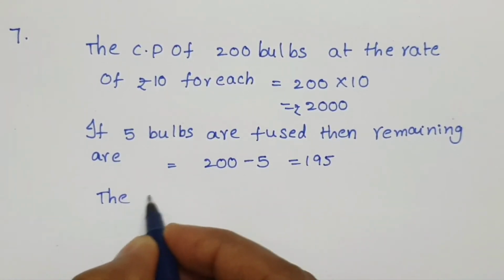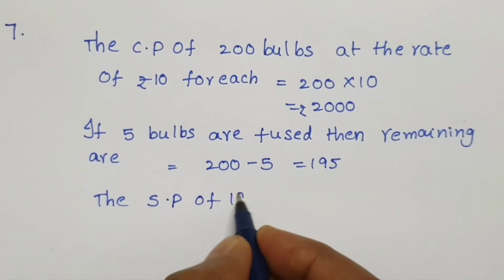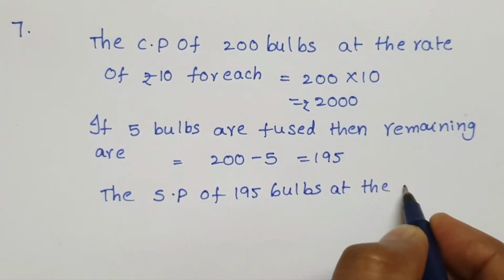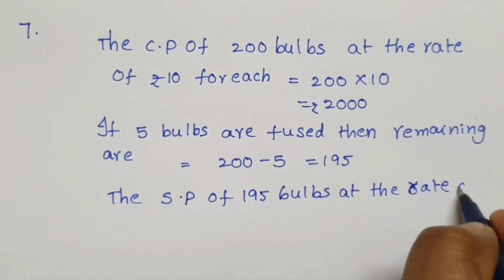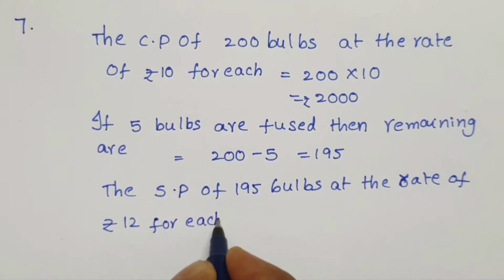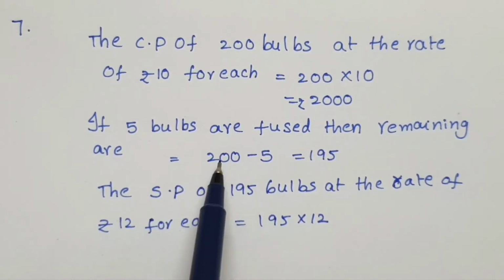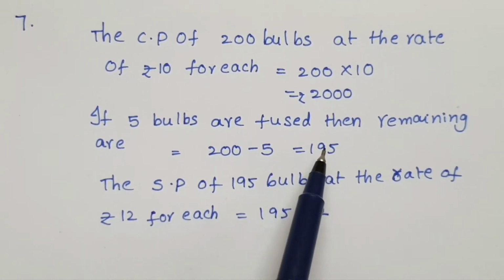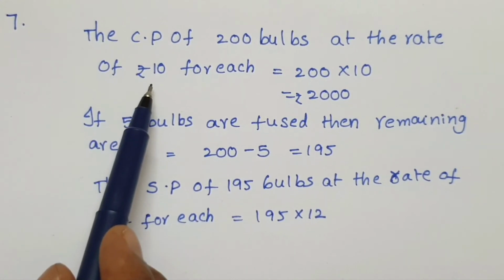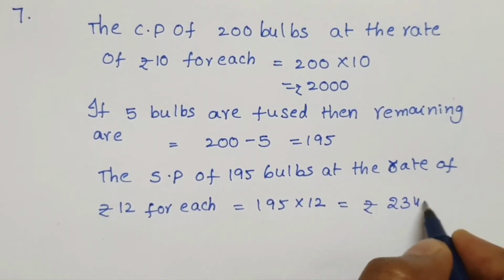The SP, selling price, of 195 bulbs at the rate of 12 rupees each equals 195 into 12, because 5 bulbs are damaged out of those 200 bulbs. 195 into 12 we get 2340 rupees.